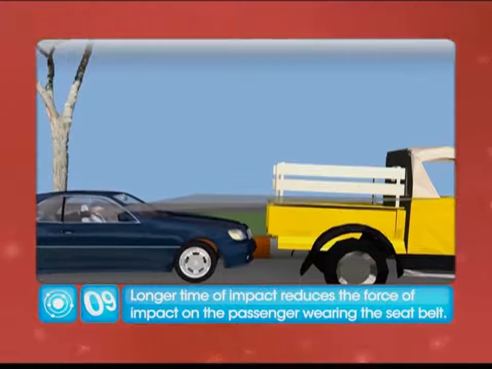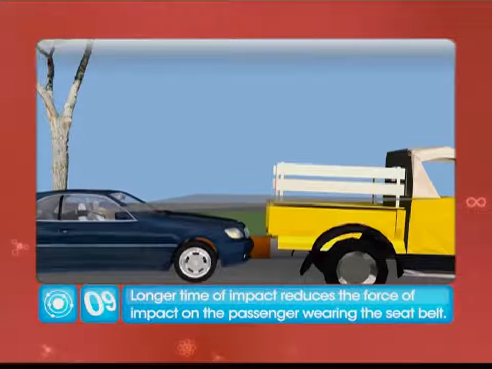Now the stretchable seat belts worn by the passengers increase the time taken by the passengers to fall forward. Due to longer time, the rate of change of momentum is reduced and hence less stopping force acts on them. This prevents or at least lessens the chances of injuries. No hard impacts, lesser injuries.